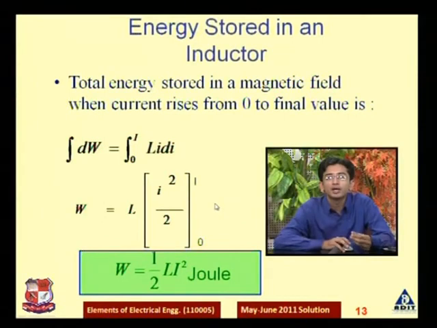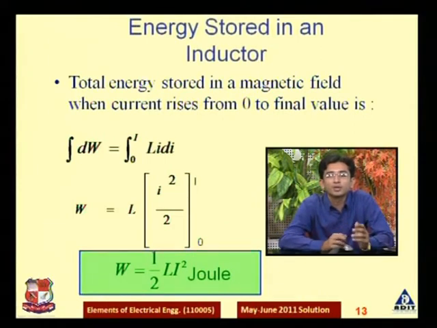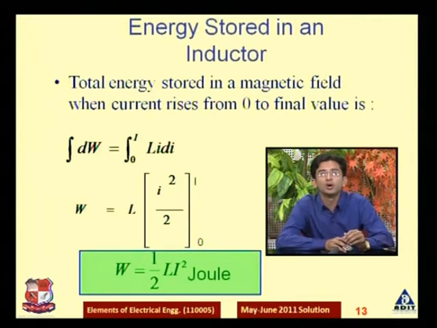This is the equation for the energy stored in an inductor. If you want to calculate it, you should know the value of the inductor and the value of the current. If you know these two values, then you can find how much energy the inductor stores in the magnetic field, right?